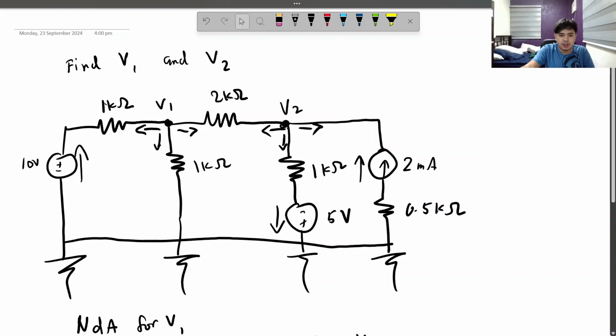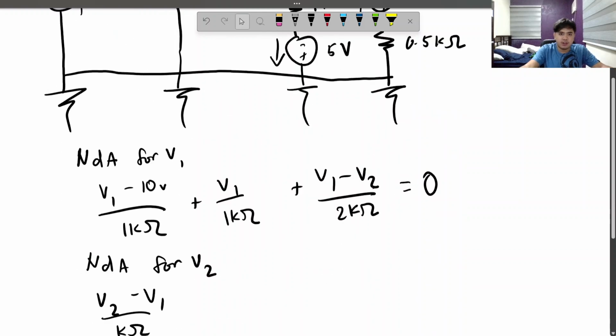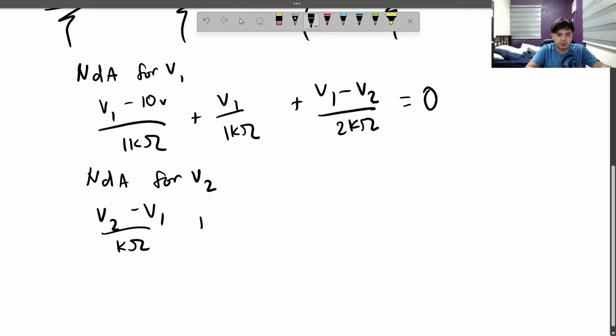Going down here, there is what is affecting this 1 kilo ohm resistor. First off, this V2 is going down, and the 5 volt source, independent voltage source, also goes down. So they agree on the direction. Therefore, we have to add them together. So V2 plus 5 volts over 1 kilo ohm.